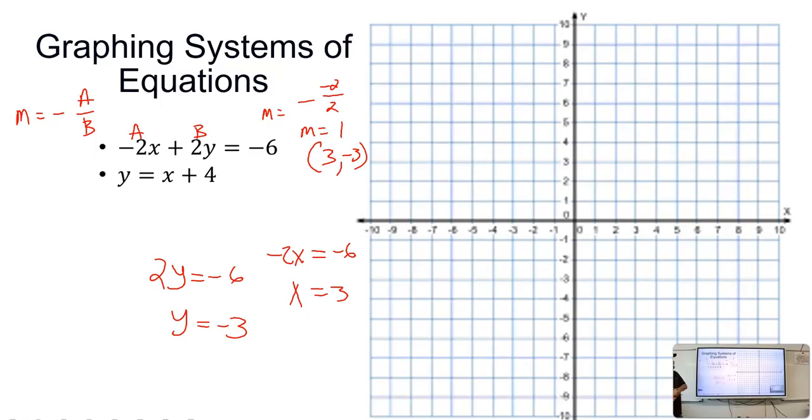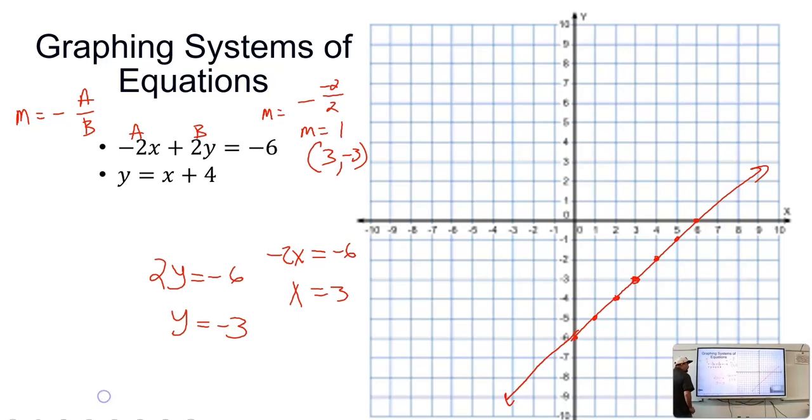So for that top graph, I'm going to start at 3, -3, which is right here. And the slope is 1, so I'm going to go up 1 over 1, up 1 over 1. I can also go down 1, left 1. And there is my graph for the top one.